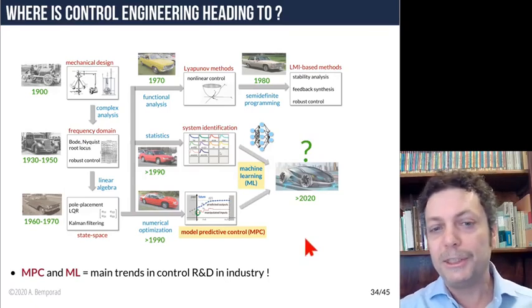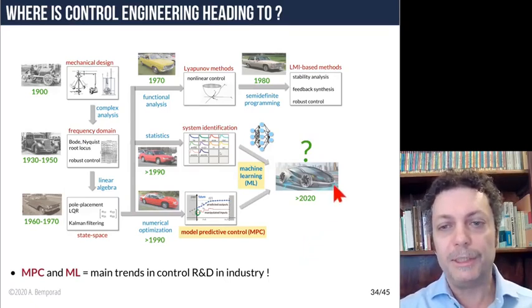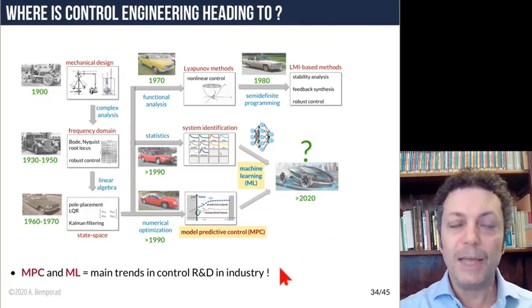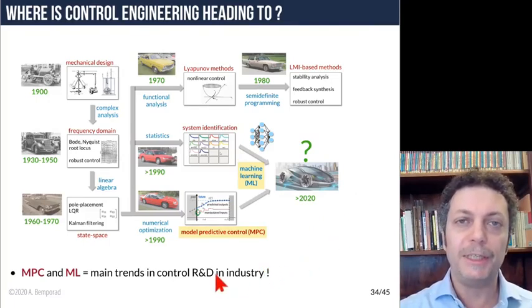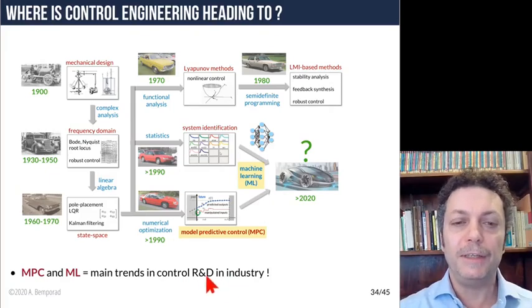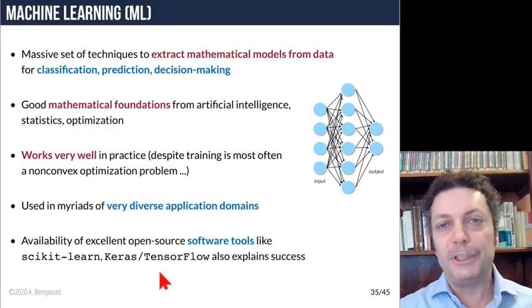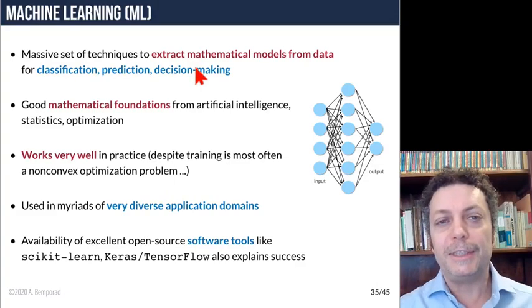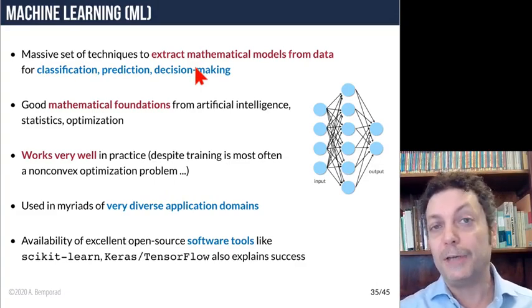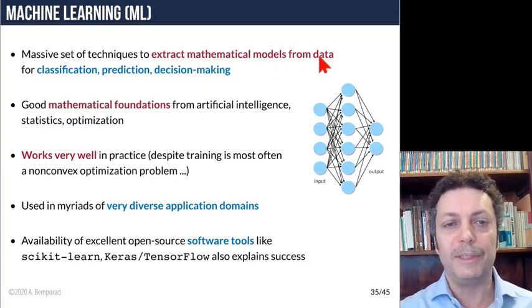Well, probably machine learning will be influential in the way we design control systems. Actually, you can witness this already in R&D centers in industry. A lot of attention is devoted to MPC and to machine learning. What is machine learning? Well, in a nutshell, it's a set of techniques to extract mathematical models from data.